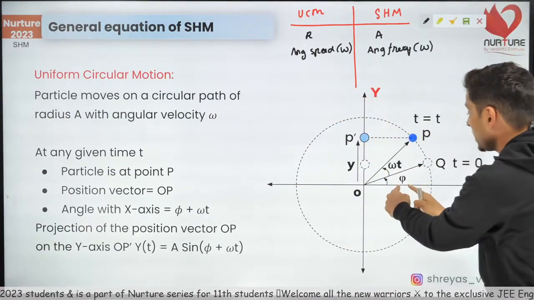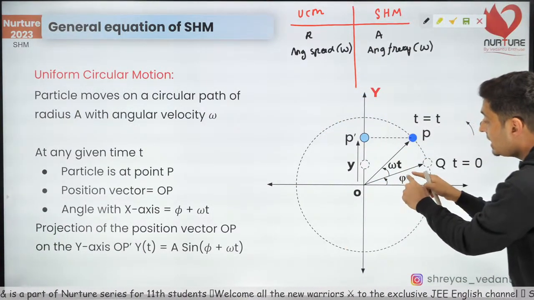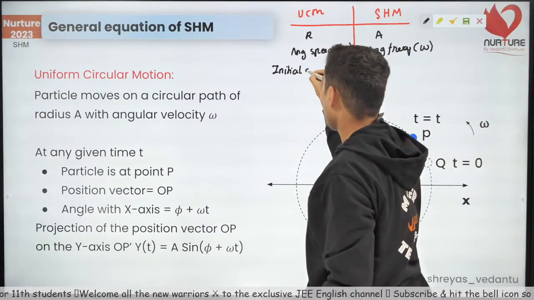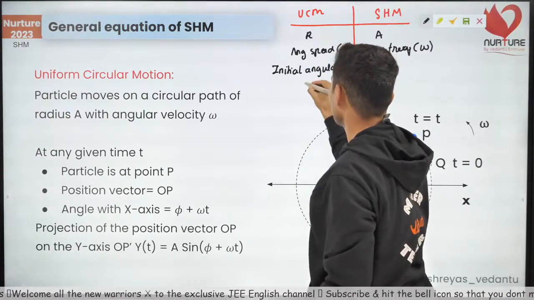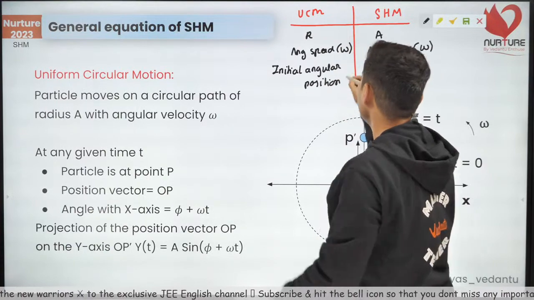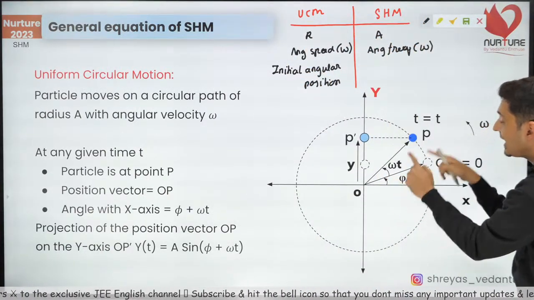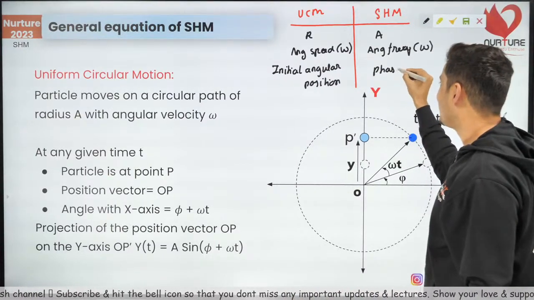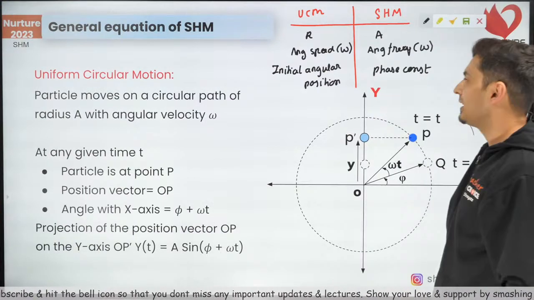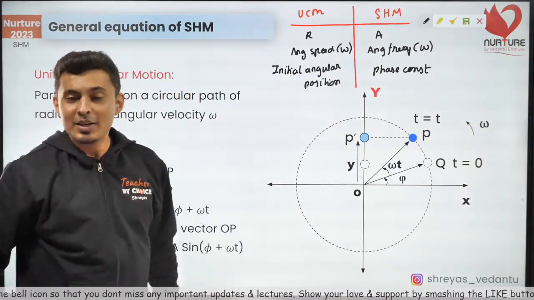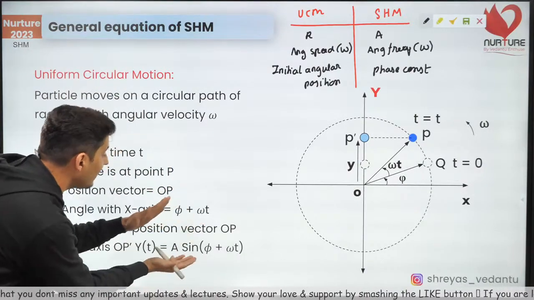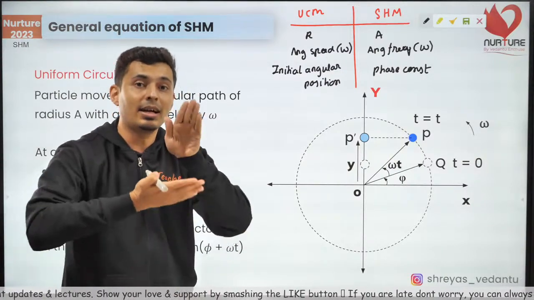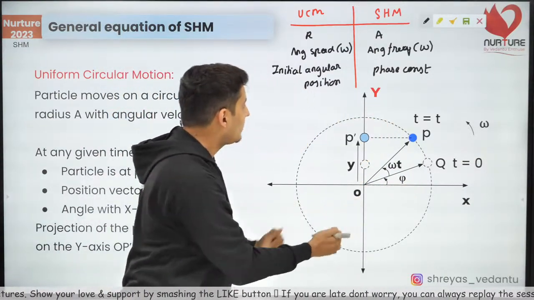In circular motion, the initial angular position, this phi in SHM, what do you call it? You call it the phase constant, correct? Very, very important. Similarly, this entire angle phi plus omega t is the current angular position, the net angular position.